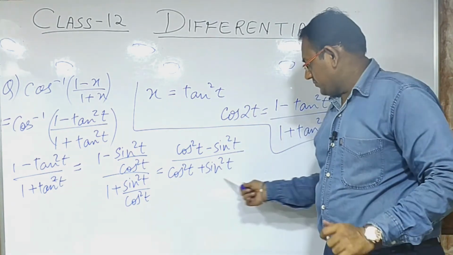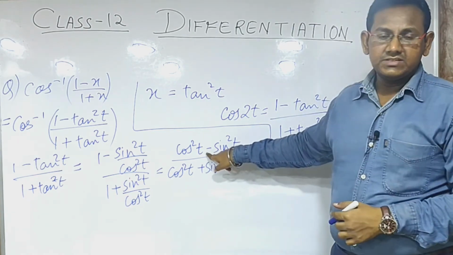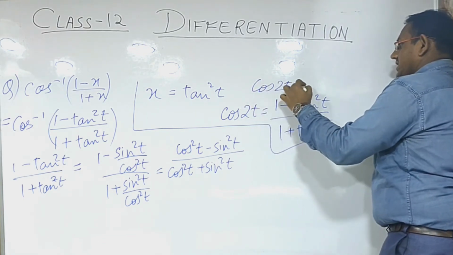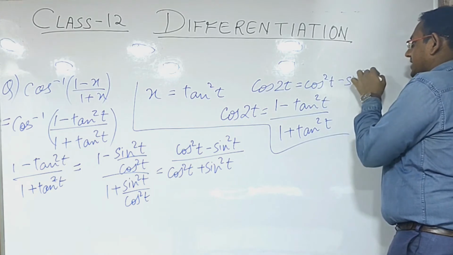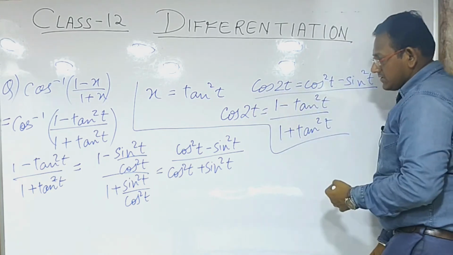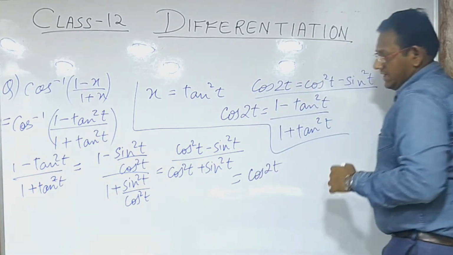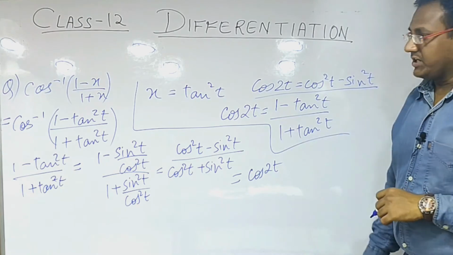Now this part we already know, this is 1, and this part we already know, this is also a formula of cos 2t, that is cos square t minus sin square t. So let us write this as cos 2t. Now you have understood why this part is coming to be cos 2t.